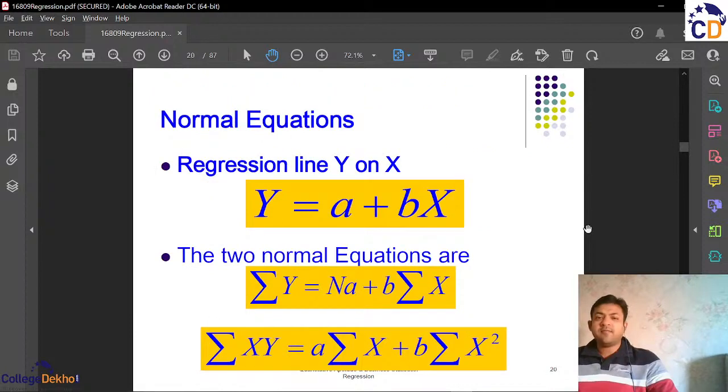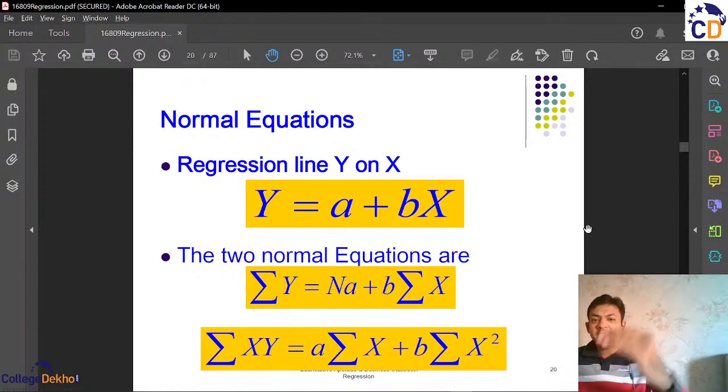Now, the regression line y on x, as we said, can be represented as y equal to a plus bx. The two normal equations are: taking a summation on both sides, summation y is equal to na plus b times summation x.